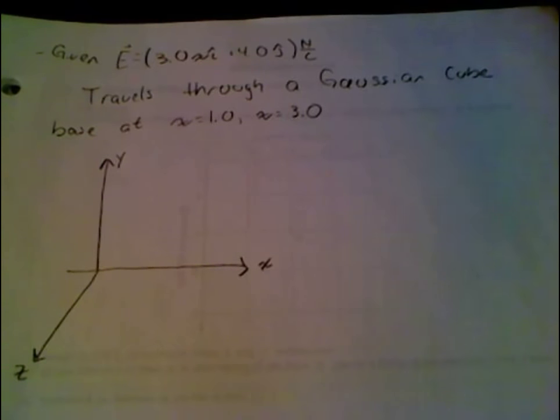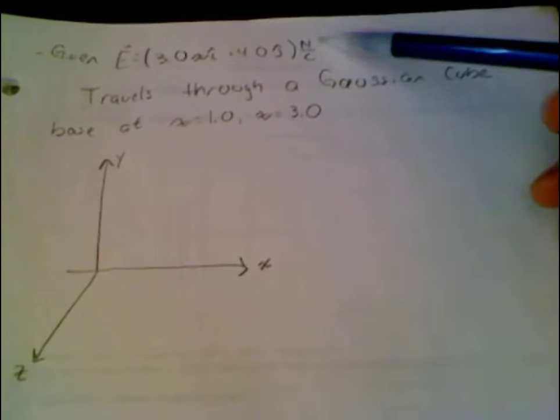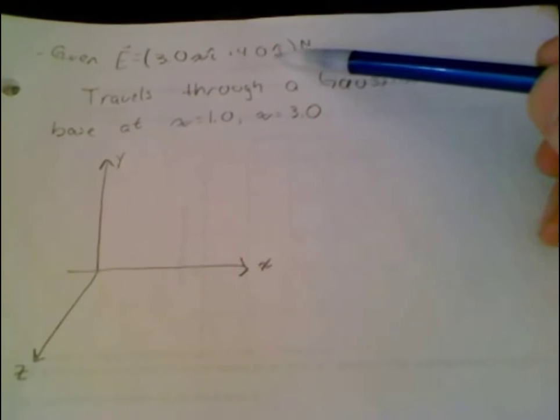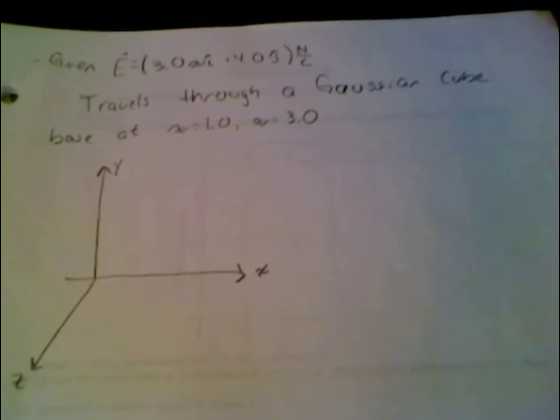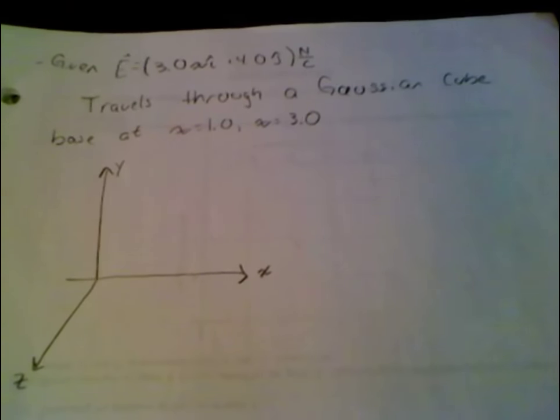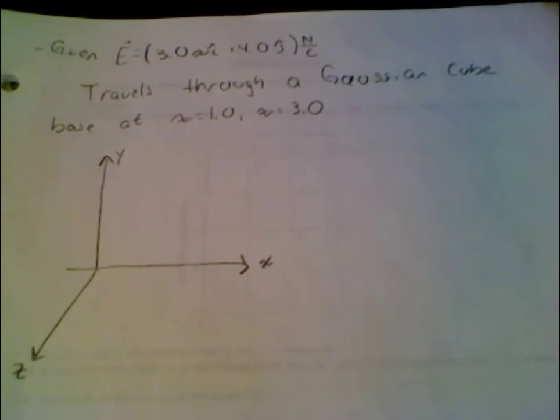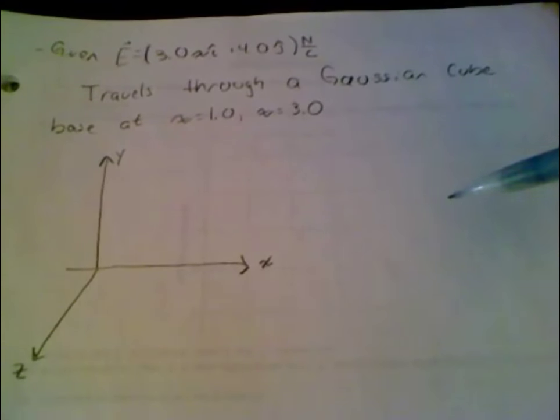All right, so I've outlined our problem here with our non-uniform electric field, 3.0 x i hat plus 4.0 j hat newtons per coulomb. Notice I have an x component here, but no y in the i component. It's traveling through this Gaussian cube with its base at 1 and 3 in the x direction.